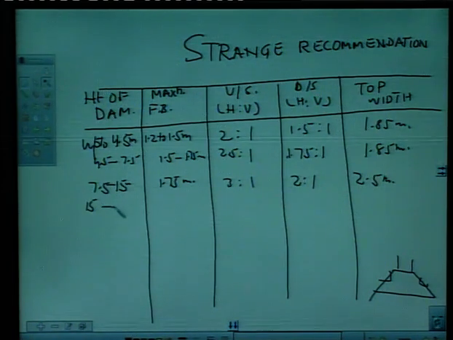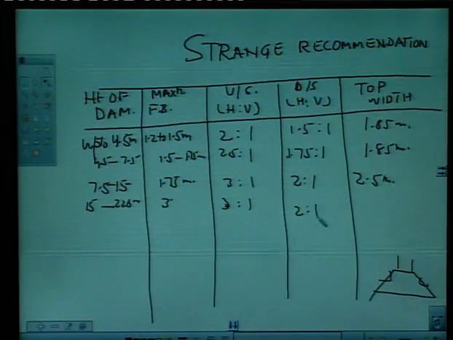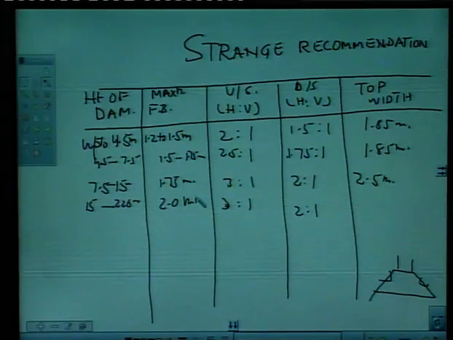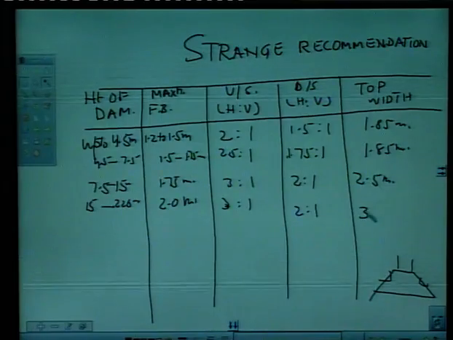For 15 meter to 22.5 meter: 3:1 slope upstream and downstream 2:1, my maximum freeboard 2 meter, and top width is 3 meter.